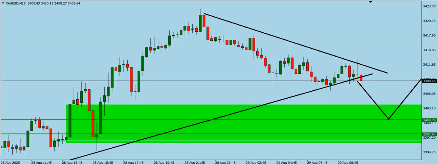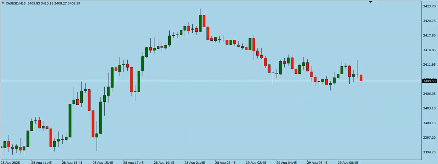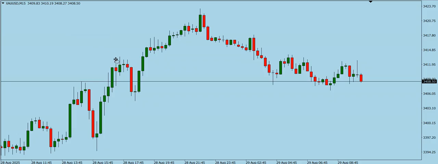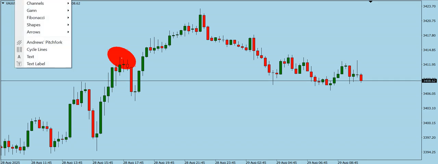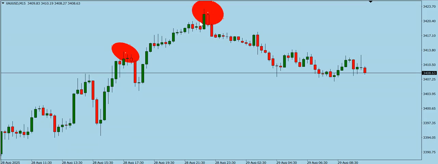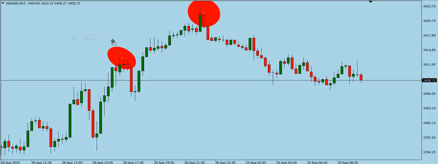Okay, let's look at the 15 minutes time frame. The 15 minutes time frame shows that the sellers are in control for now. Also, we have what looks like a head and shoulder pattern. This is the left shoulder. This is the head. Let's take this as the head, while this might be our right shoulder.